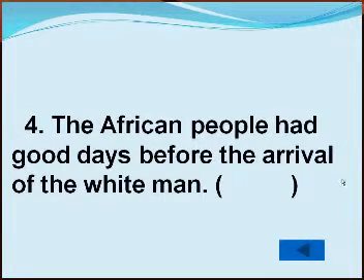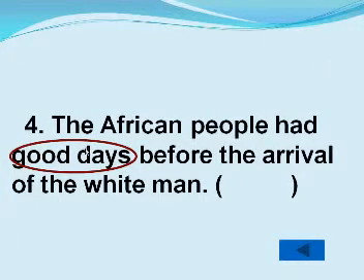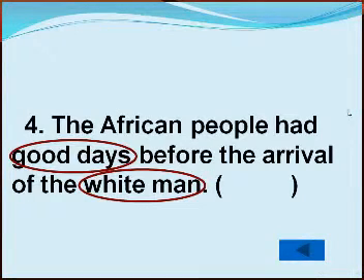You'll have to understand this fact and try to find the most important words, which are, I think, good days. So you'll have to go back to the text and find these words, good days, and white man, for example. If you use circles, this will make it easier for you because you will remember the question.